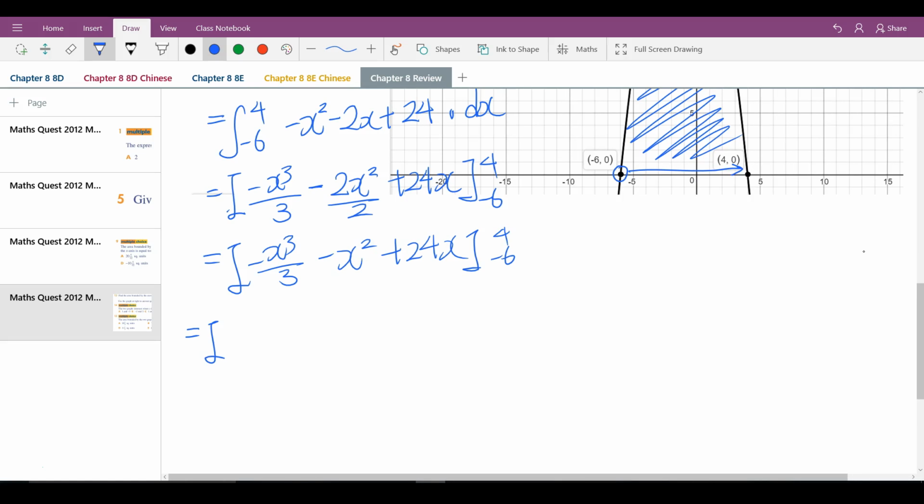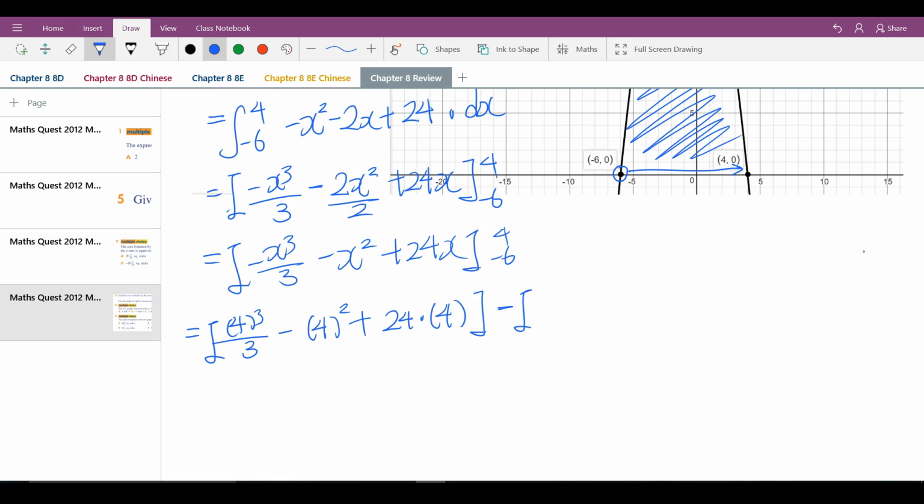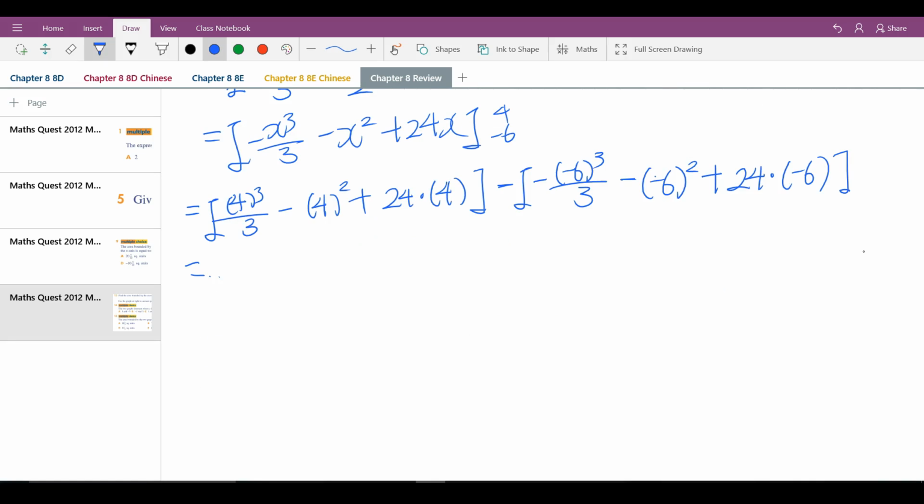Let's start subbing the numbers in. We get negative 4 cubed over 3 minus 4 squared plus 24 times 4, minus, negative 6 cubed over 3 minus negative 6 squared plus 24 times negative 6. Let's do it one by one. Oh, I forgot there's a negative there, don't forget that.